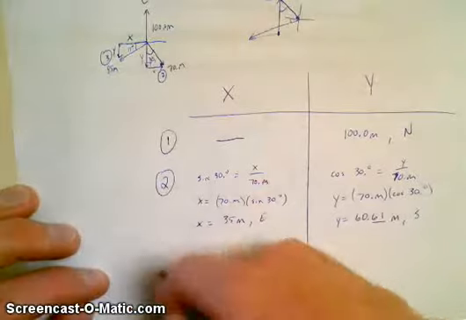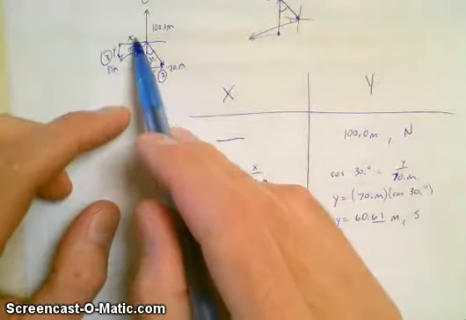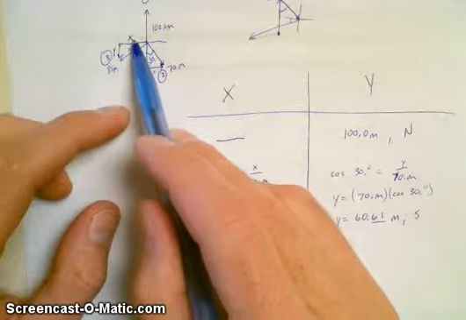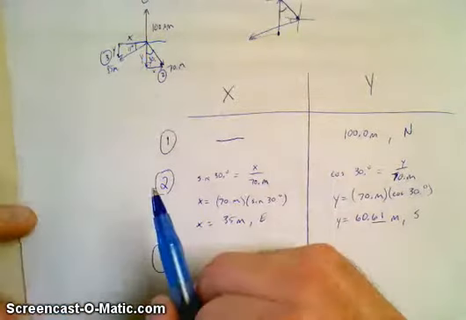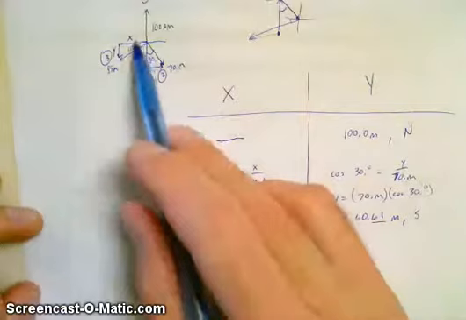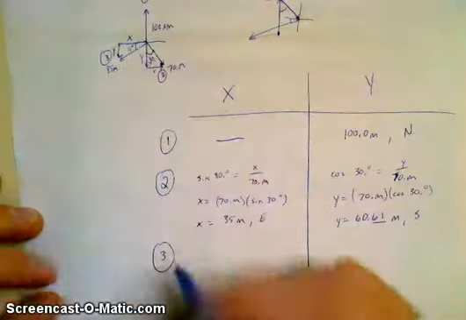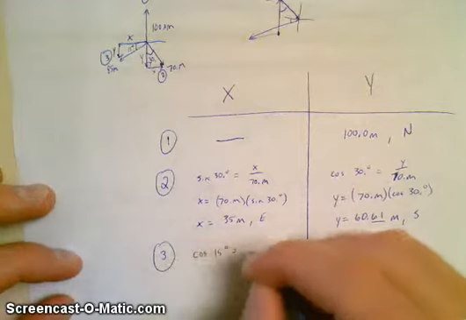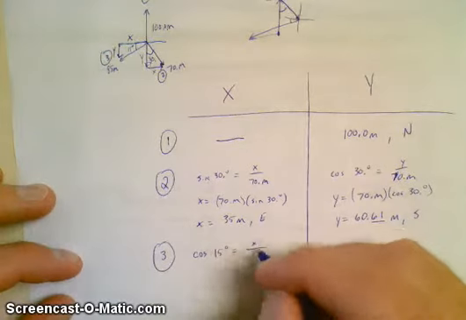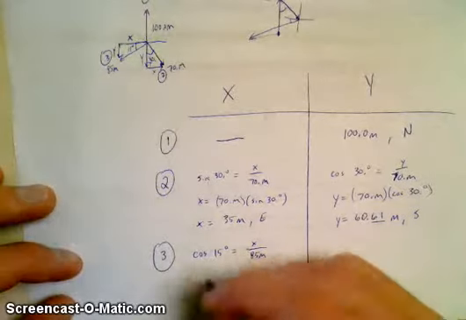So let's start with number 3. Let's look at the x side again first. What side of your right triangle is x? Here's the angle. That would be the adjacent. Excellent. What trig function are we going to use if we're looking for adjacent and hypotenuse? Cosine. Cosine of 15 degrees is equal to the adjacent, x, over the hypotenuse, 85 meters.